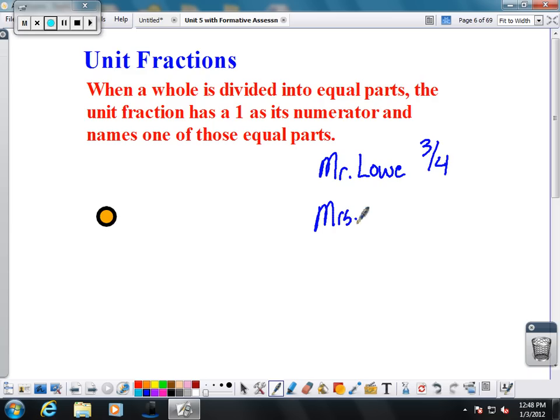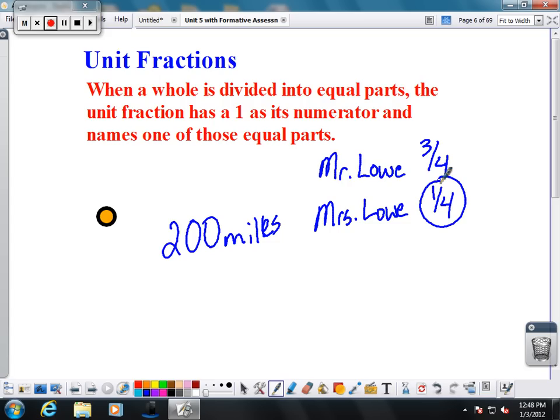Mrs. Lowe, she drove 1/4 of the way. If the total distance is 200 miles, how much distance did I drive and how much distance did Mrs. Lowe drive? Well, let's figure out the unit fraction first, because that's going to be the easiest. If I have a total distance of 200 miles, I want to know what 1/4 of those miles are.